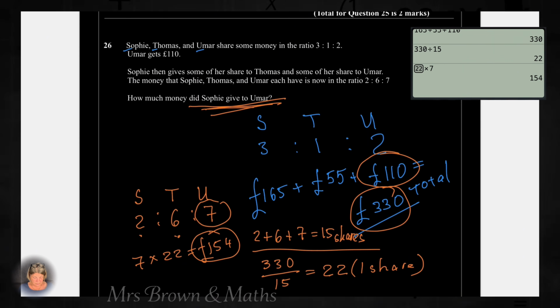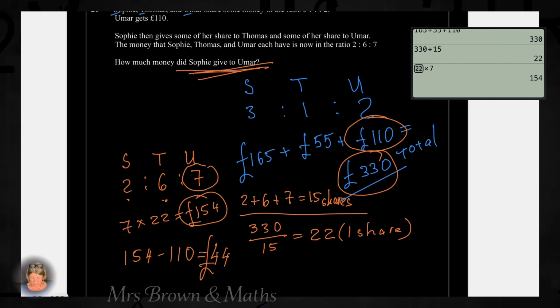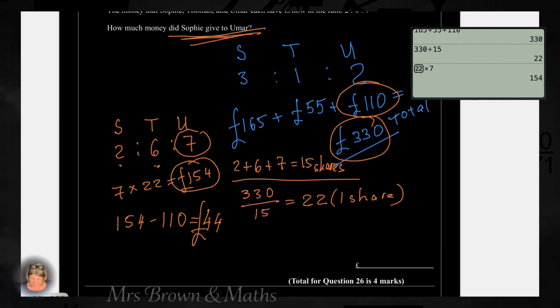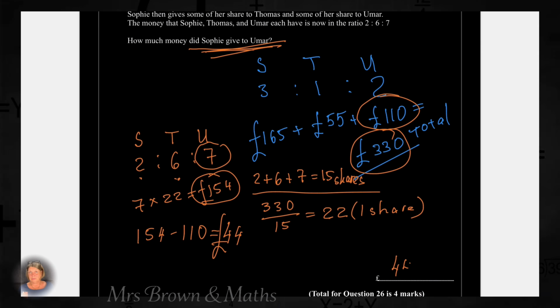So 154, take away 110, and he got from Sophie 44 pounds. That is the final answer. I bet it is 5 marks. Only 4, right? So 44 pounds. Right, done.